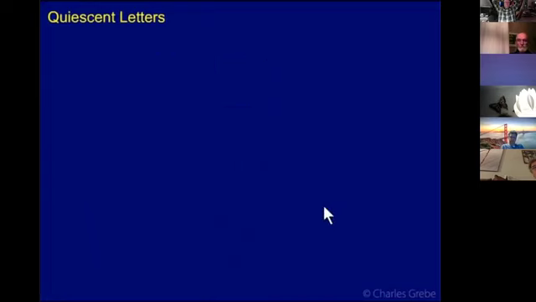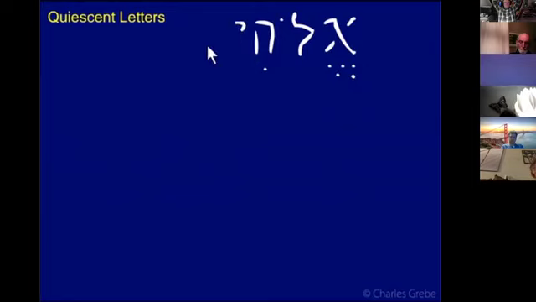Let's look at an example. Now I need a lot of space here, so I'm going to write at the top Elohim, God, is the word I want here. And actually I'm going to copy this, so we need it 4 times.